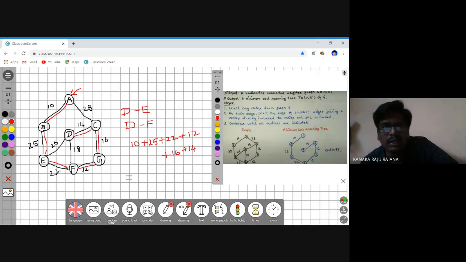Don't simply find out the minimum cost and add your respective vertices. Clear? Check before identifying the minimum cost. Check whether the vertex has a cycle or not. If it is not having a cycle representation, you can proceed. If it has a cycle representation, you are not supposed to proceed.